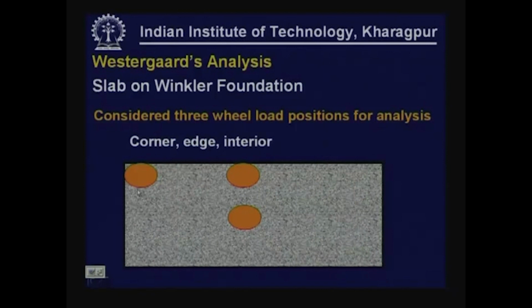As you can see here, corner, interior and edge region of the slab. Of course, if you have suitable programs available, you can calculate stresses, strains and deflections at any point on the slab, but typically solutions are available for corner, edge and interior regions of the slab.